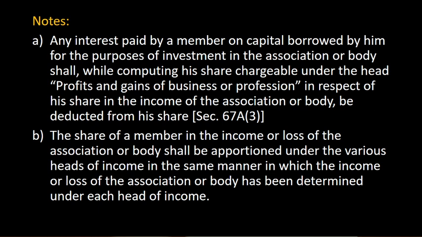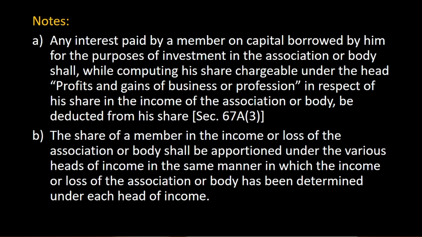Can the member get the proportionate deduction? Absolutely no. When deduction is given for AOP, no deduction for the same amount, same payment, same investment will be given to the member. One has got it, the other will not get it. Okay? It is only for one.